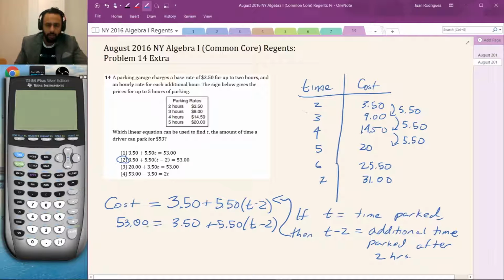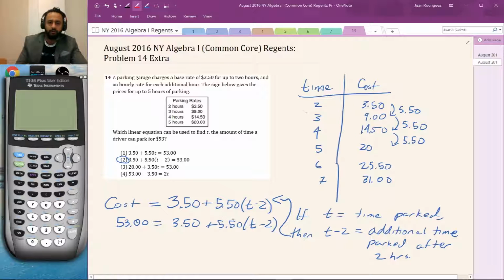Okay, if this answer as is doesn't appear in one of the options, how it can appear is multiplied out. This is just extra information, just so we know how to convert. So how do we convert from one version to another?